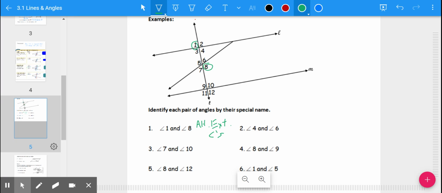Again, there's some abbreviating there. Number 2, angles 2 and 6. So we're in the same intersection here. They're both on the same side, but one of them's on the exterior, one's on the interior, but they're in the same spot. They're both in the top right. So that would be corresponding angles.